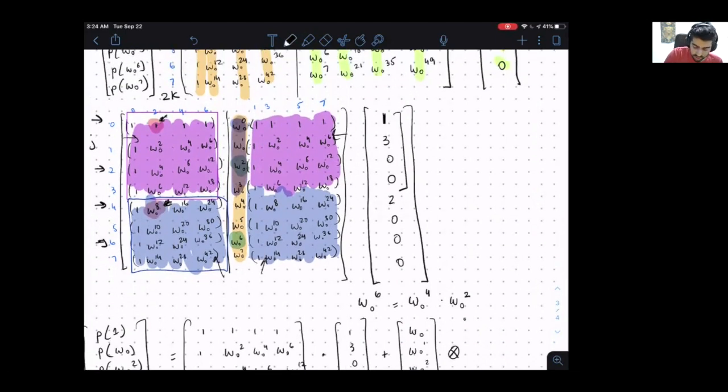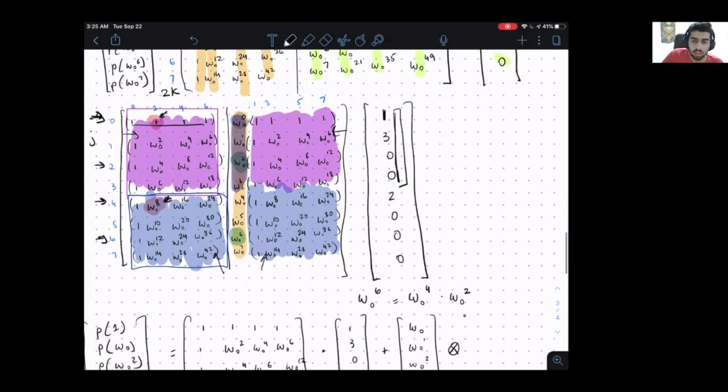Well, for this specific row, for the first row, what we have to do is take this first part of this top left matrix, multiply it by, take the dot product of that vector with this top half of this vector.